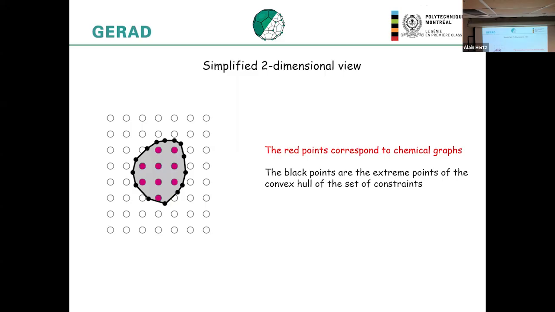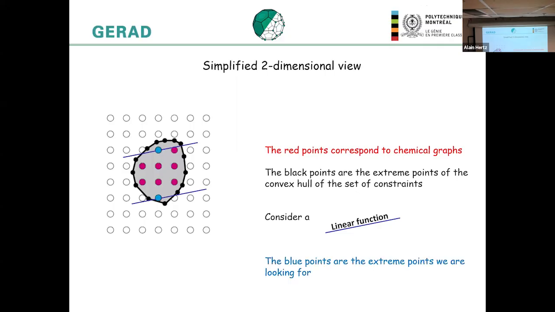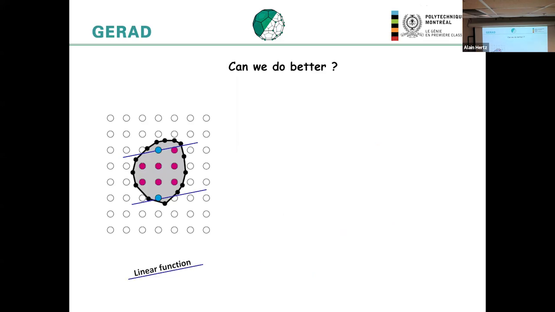With an image, if you have a linear function like the one that you see here, then the optimal solution, whether you maximize or minimize, will be one of these two points. So you have to work a little bit. And my question is now, can we do better? Yes, of course, you can do better by considering the integer hull of these chemical graphs. So the picture is coming now.